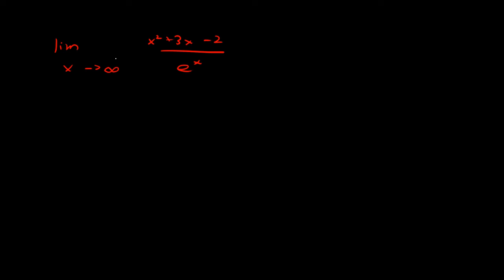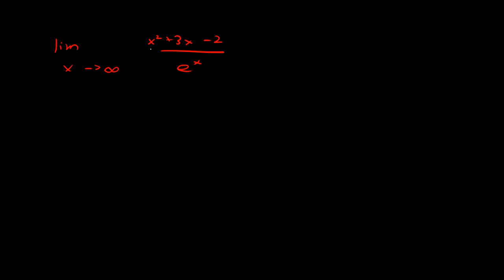Now here we see that if we plug in infinity, this does not end up well. Infinity squared plus infinity times 3 minus 2, that's just infinity, over e to the power infinity, which is just infinity. So we'll just get infinity over infinity. That's not very good, so let's use L'Hopital's rule. Let's differentiate the numerator.